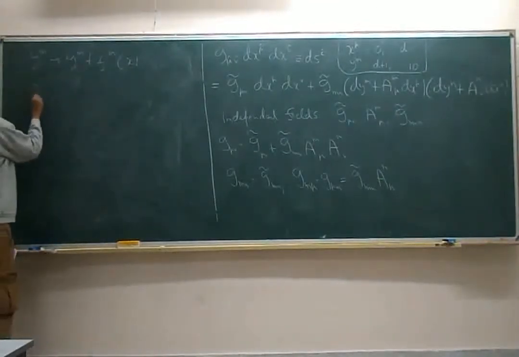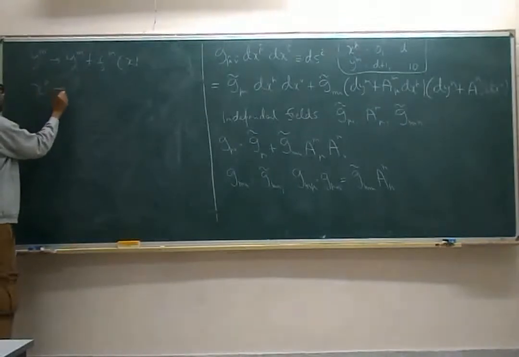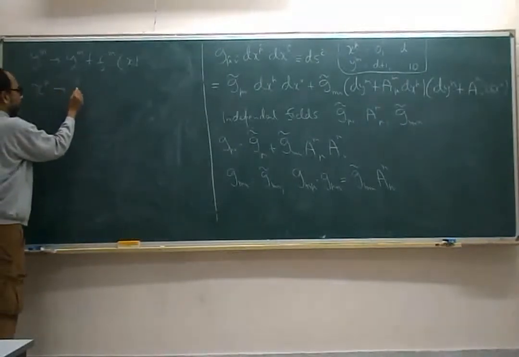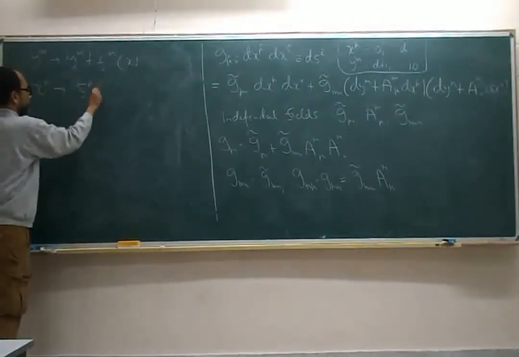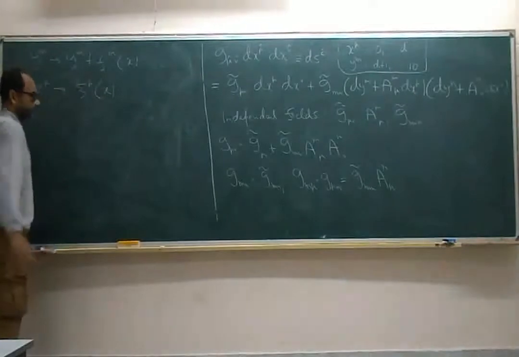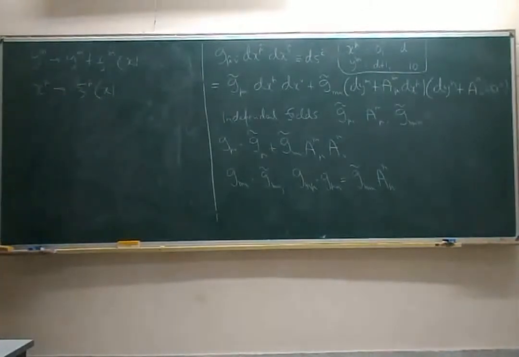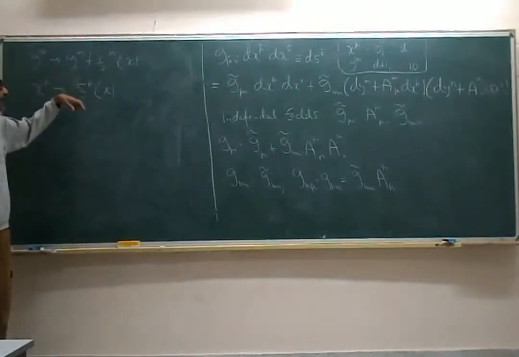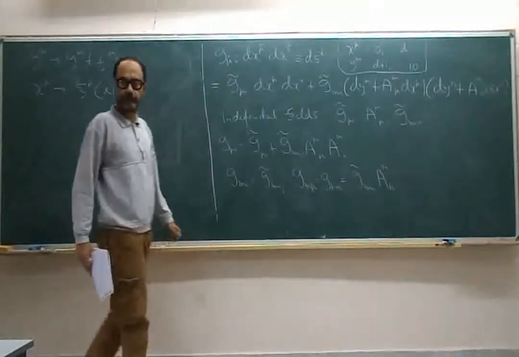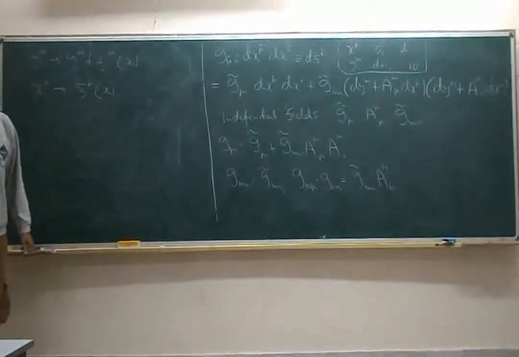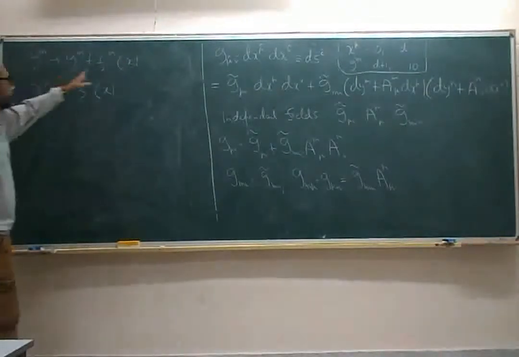The other class is x mu goes to some arbitrary function, let's call it xi mu of x. These are independent transformations, and you can ask, how do these various fields transform under this transformation? So let's start with this.